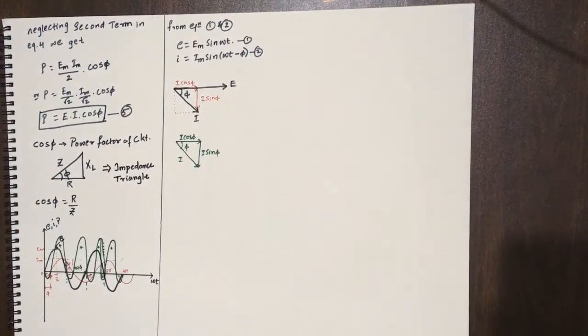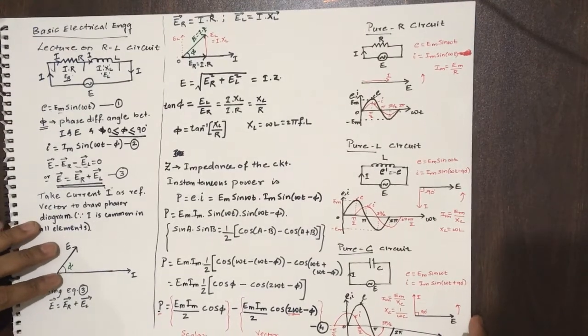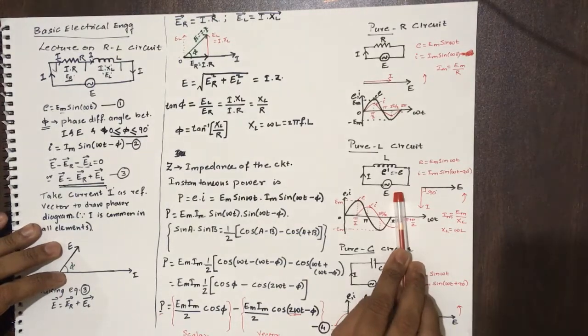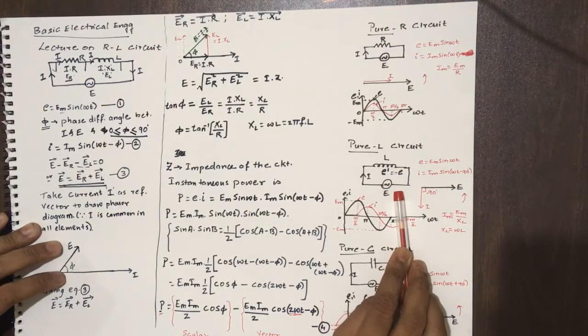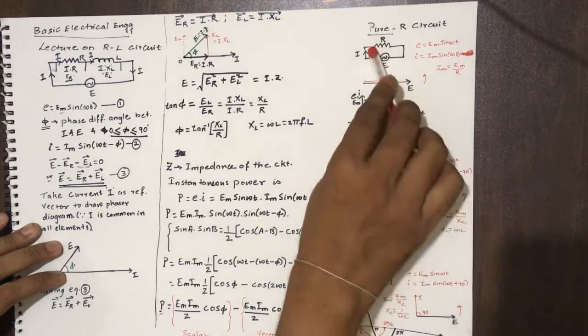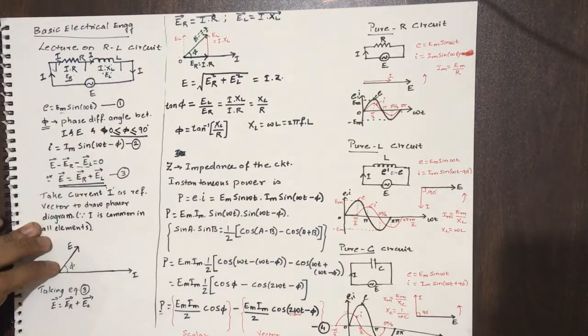In the previous discussion we have seen, if the circuit was pure inductive, then my power consumption would have become 0, because all the power given to the component is stored in the form of magnetic field. If the circuit was purely resistive, then the complete power would have been dissipated in the form of heat. But when I took the RL circuit, neither is the power completely stored in the form of magnetic field, nor completely dissipated in the form of heat.